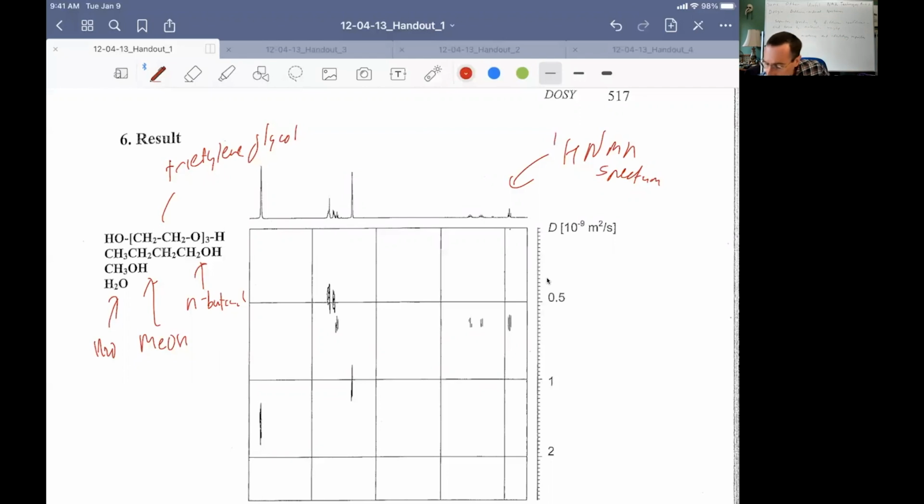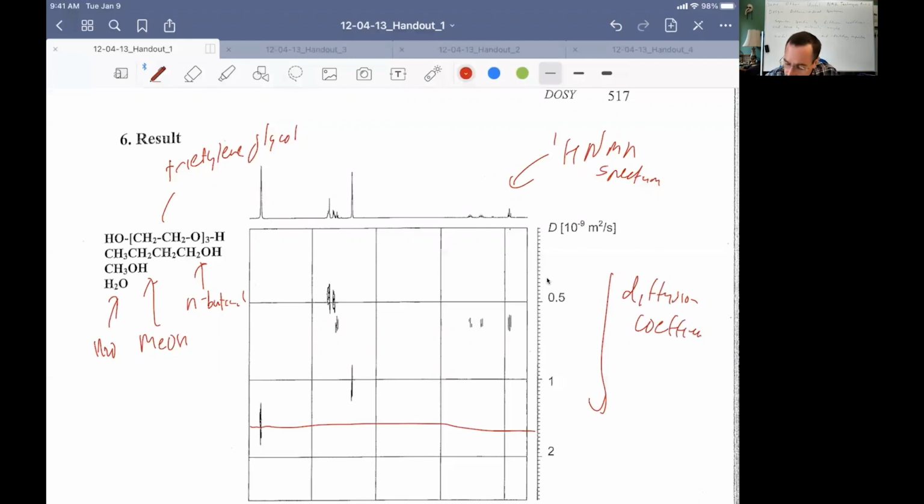So basically on this axis, you have your diffusion coefficient. And with a very high diffusion coefficient, you see a cross peak here in this area.